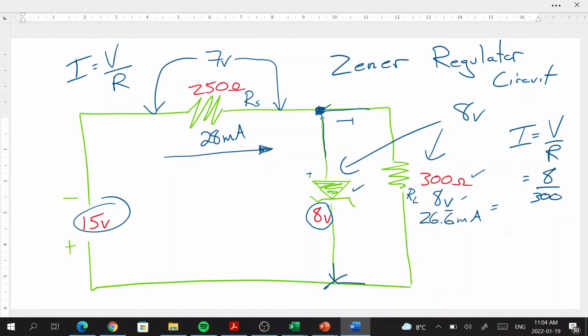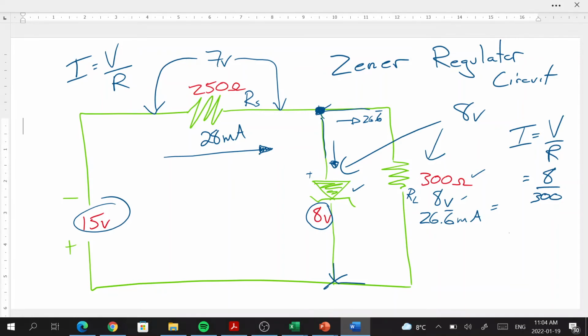Now it branches off. You got 26.6 going through our load. Well, there must be the difference of that 28 and 26.6 going through our Zener. So the current going into a junction must equal the current coming out of that junction.